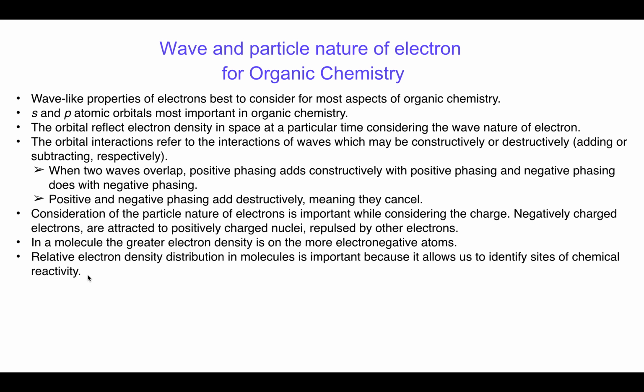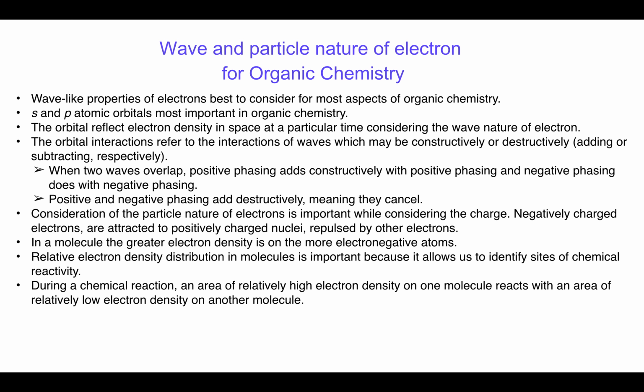For example, if some electron deficient species is attacking a molecule, then that molecule's negatively charged part will be interacting more with that electron deficient species, resulting in the formation of some new bonds. During a chemical reaction, an area of relatively high electron density on one molecule reacts with an area of relatively low electron density on another molecule.